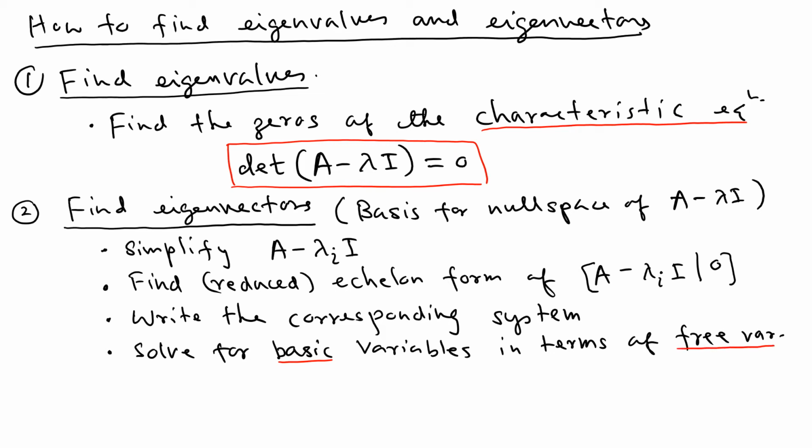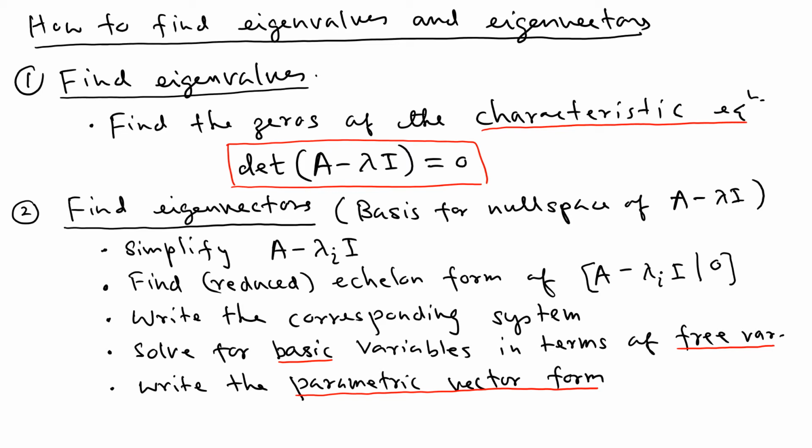It will be very clear what we mean by basic and free if you don't know that. And then the fifth step, write the parametric vector form. So we simplify, find the echelon form, write the corresponding system, solve for basic variables in terms of free variables, and write the parametric vector form.